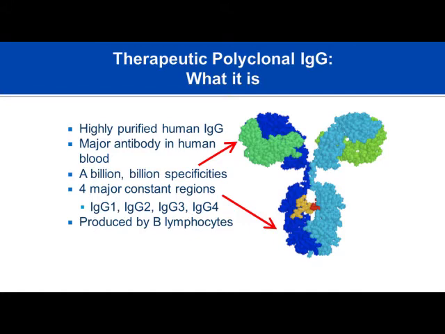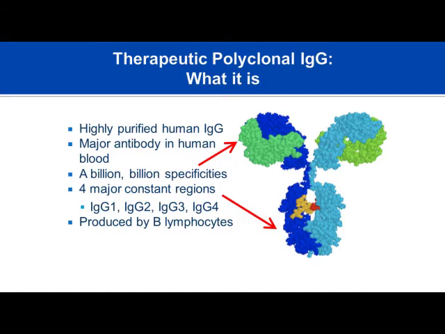The singular region that's pointed to on the bottom of the slide, this is what is called the constant region. And in the IgG molecule, there are four major constant regions: IgG1, IgG2, IgG3, and IgG4, the so-called immunoglobulin G subclasses.